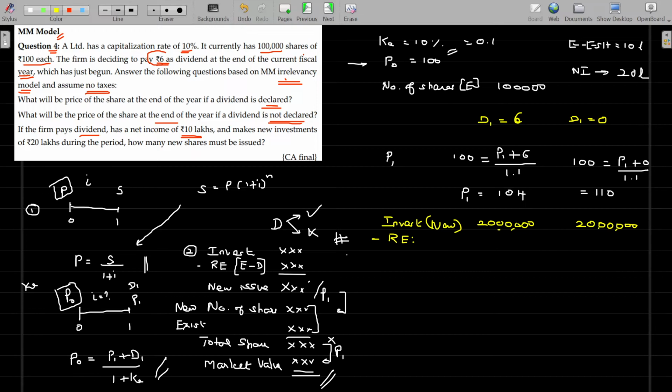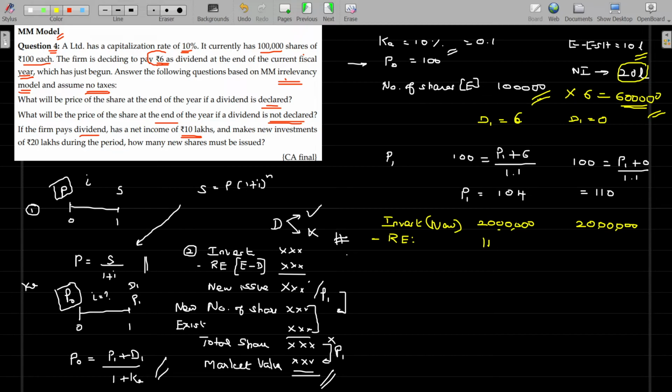In the first scenario, you have earnings of rupees 10 lakhs, and number of shares being 1 lakh, as I have said. So 1 lakh into 6 rupees gives 6 lakhs as the overall amount of dividend paid. Out of your earnings, 6 lakhs is used for dividend distribution.